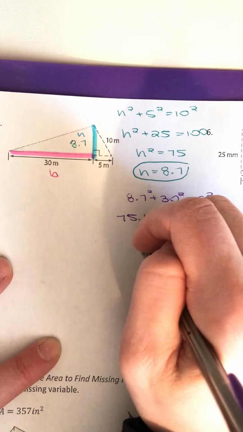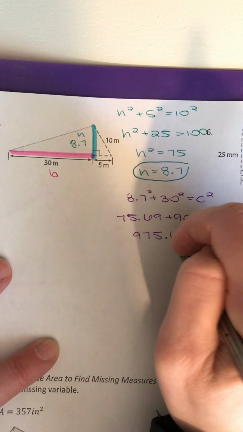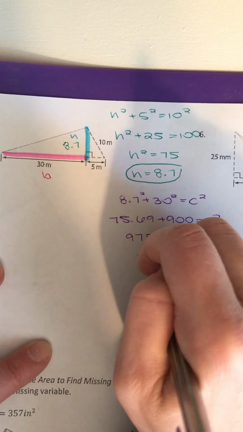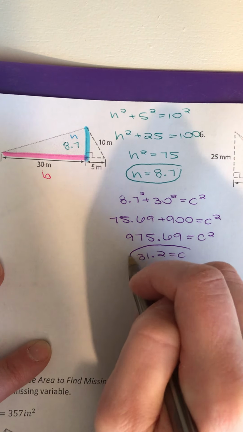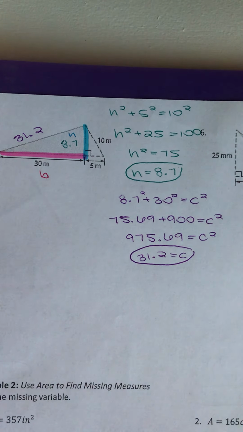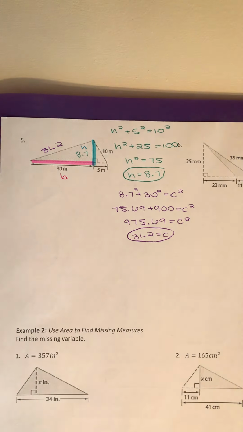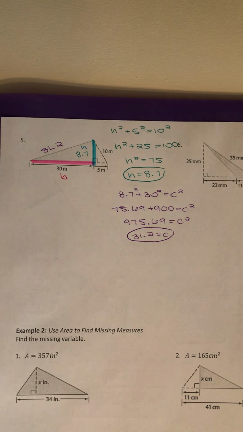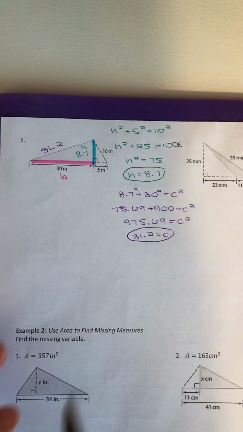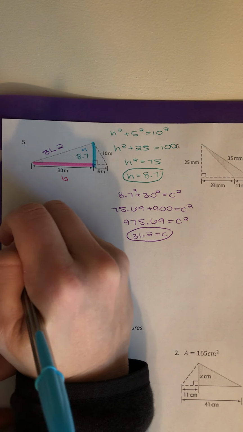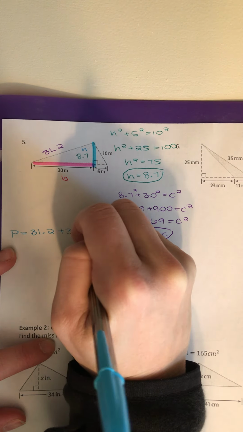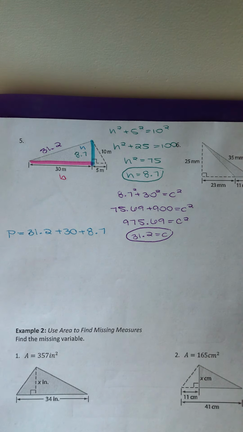I hope you're trying these on your own. So now that I have all 3 sides of my shaded figure, I'm going to add them up. 31.2 plus 30 plus 8.7.